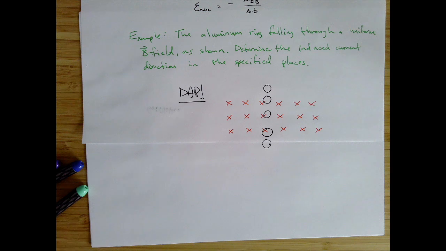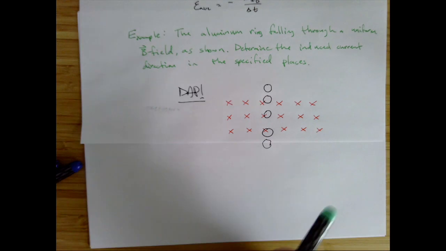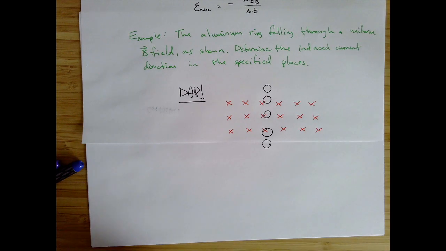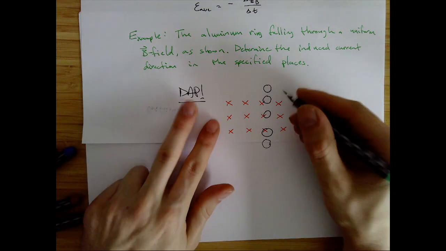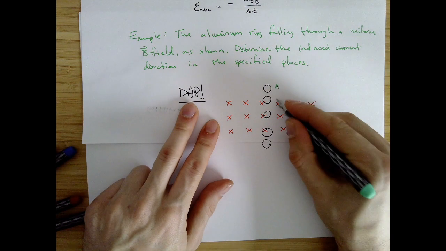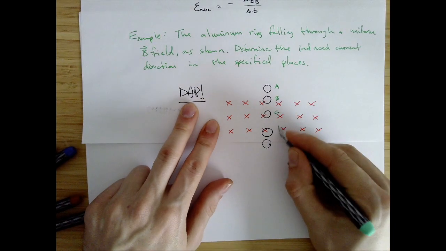And we can just show the direction of the current with the green marker. So we'll say that this is A, B, C, D, and E.